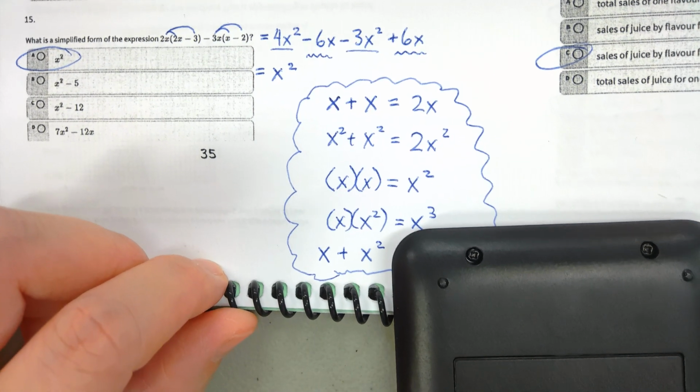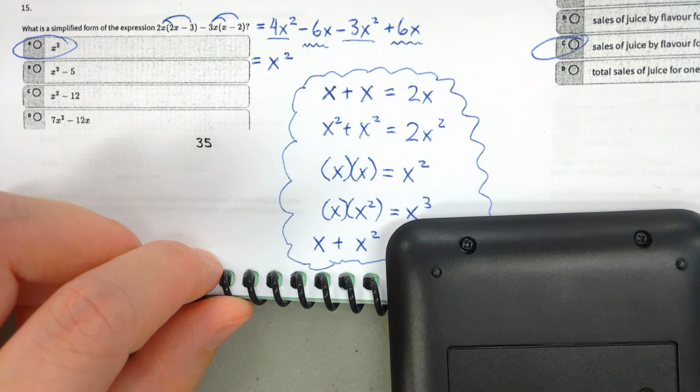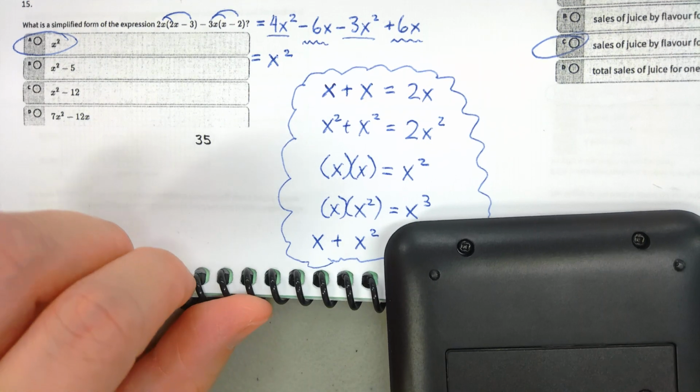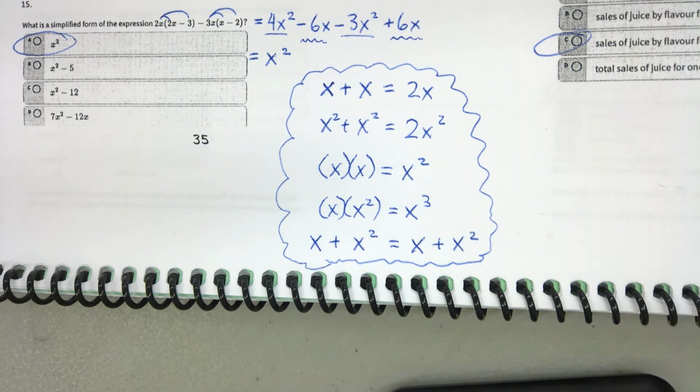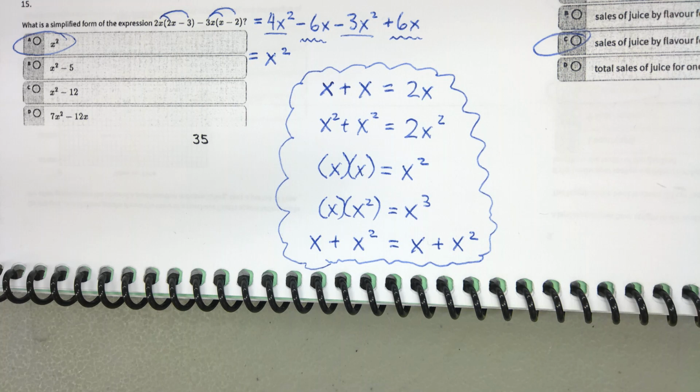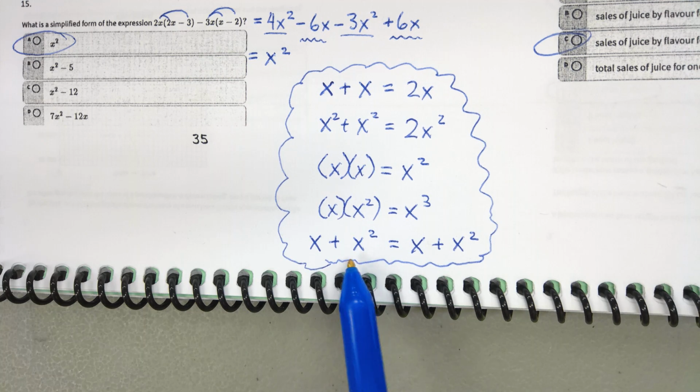What is x plus x squared? Doesn't work because, as I said, apple plus a banana does not equal fruit. You cannot mix them together. These are not like terms, so that's why you leave it.